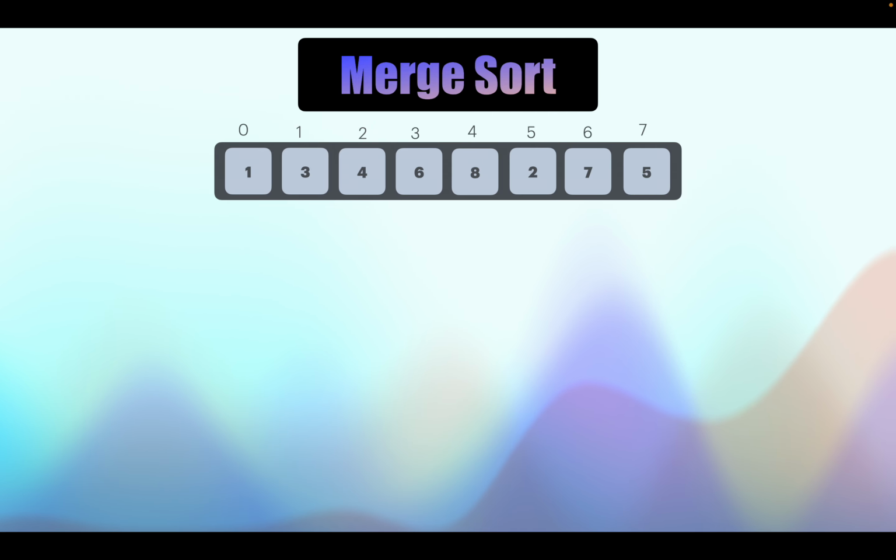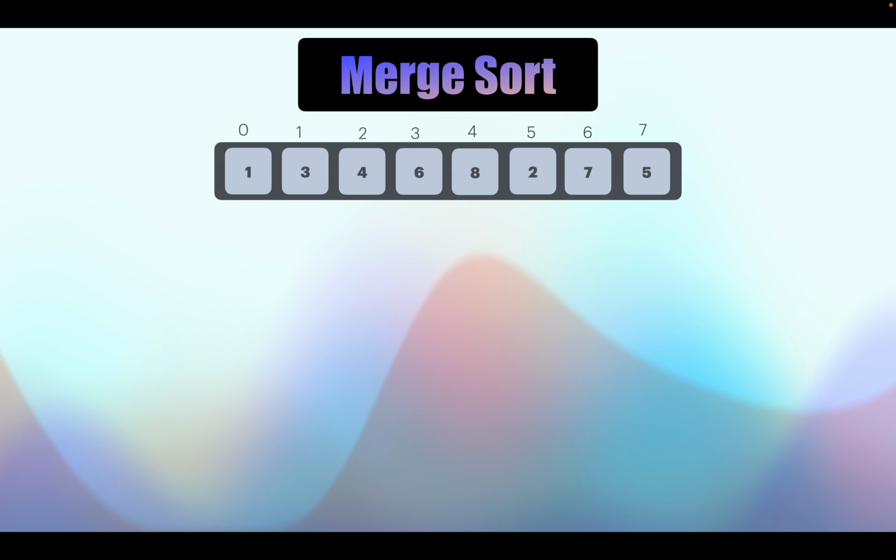We'll divide the array into subarrays and divide those subarrays into further subarrays until we get to individual elements, and then we sort individual elements and combine them into subarrays and solve those subarrays for sorting, and eventually we'll end up having a sorted array. So let's see how it will work.